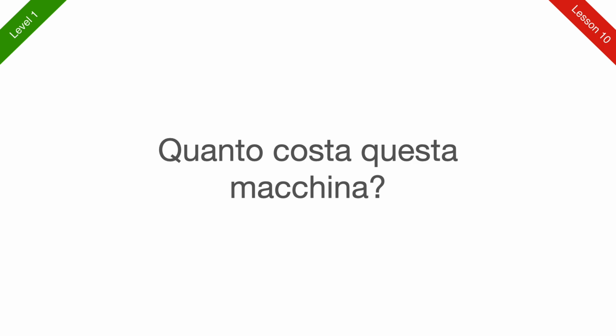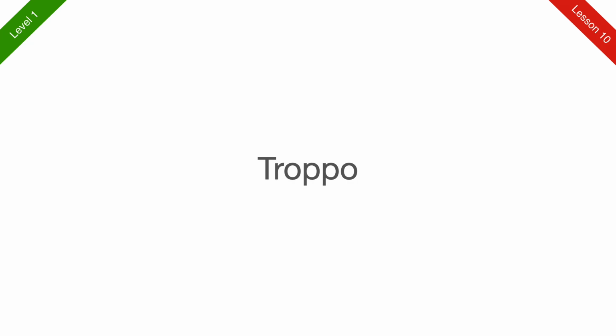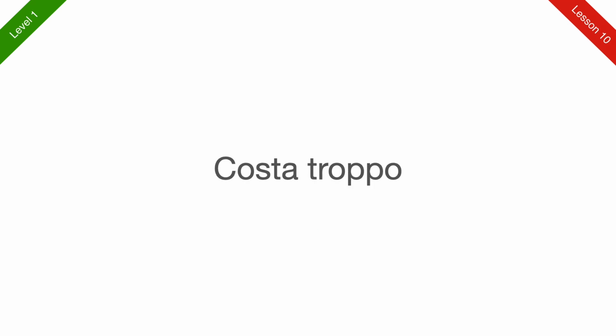Do you remember how to say too much? Troppo. And it costs too much. Costa troppo. The word euro doesn't change in Italian, but it is pronounced slightly differently. Euro.